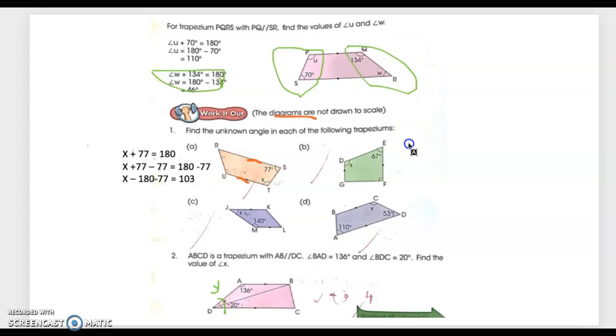Now let's do the b part. x plus 67 is equal to 180. Right. So I will just do this step again. So this is how we actually subtract.